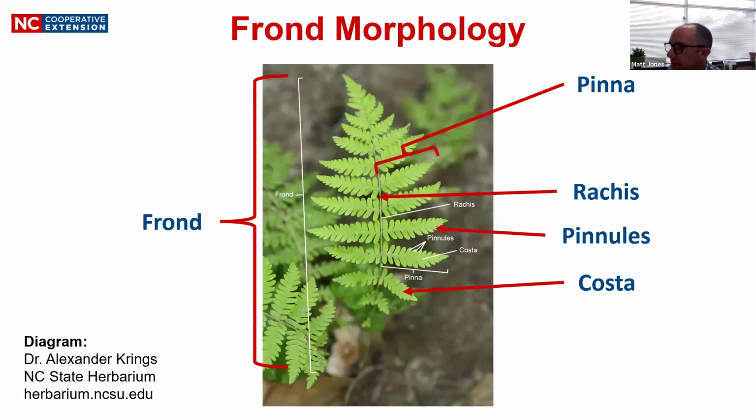Let me clarify that. Apologies. Any subdivision on the frond is called a pinna. That's the first level of subdivision, and then the further subdivisions of the leaf blade are called pinnules. The main stem-like structure that connects the pinna is called a rachis, and then if it has further subdivisions, that rachis are called costa.